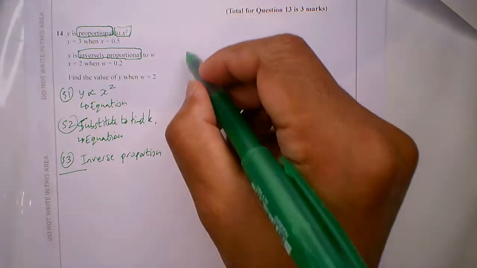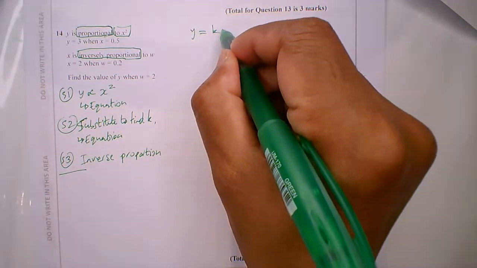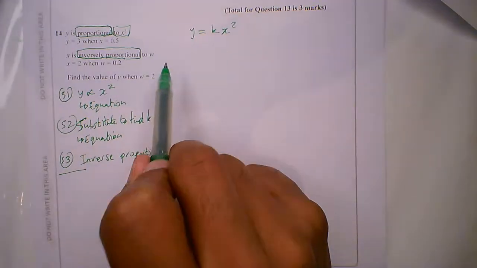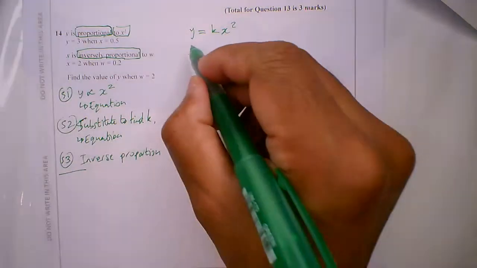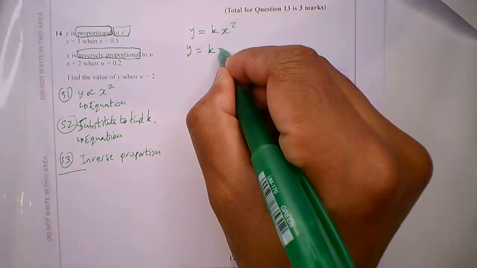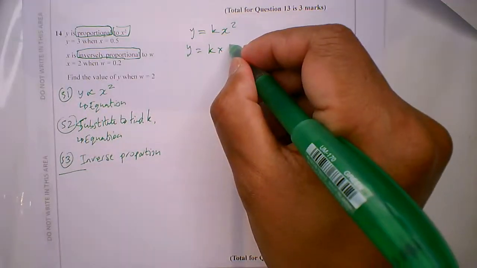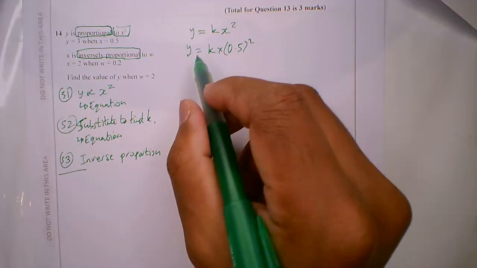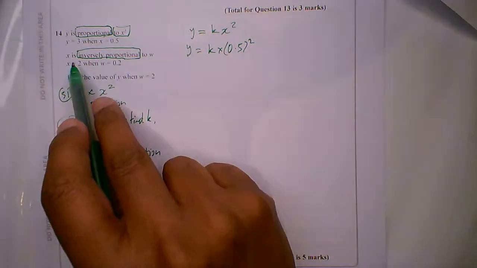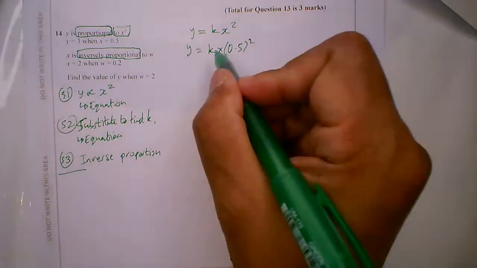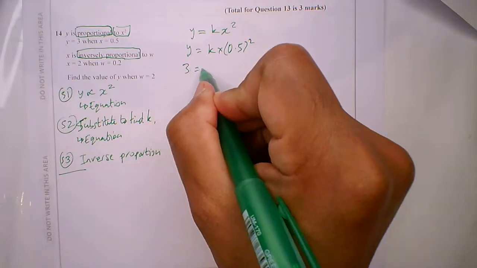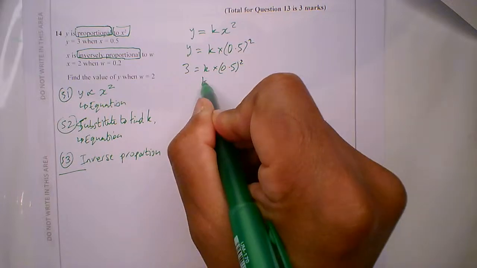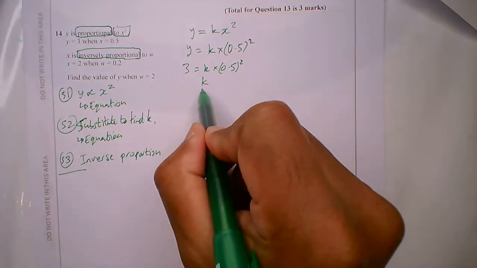Okay, so we have y equals kx squared, because that's what happens when we have proportionality. It becomes k, and then we've got x squared. So y equals 3, k times x is 0.5 squared. So 3 equals k times 0.5 squared. So make k the subject. Opposite of multiplying is dividing.